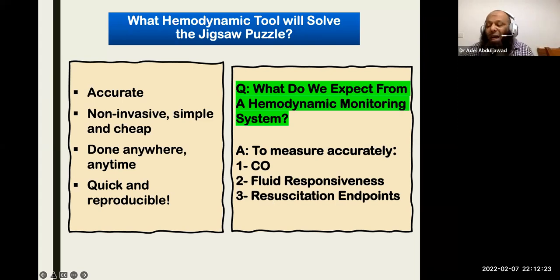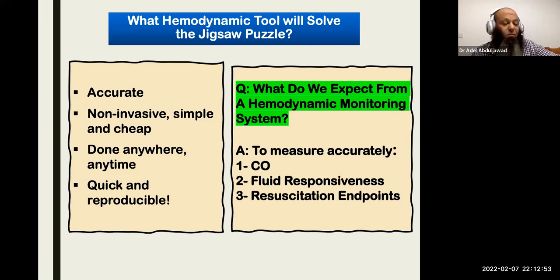So under all circumstances, for any hemodynamic monitoring system, I'm expecting it to first measure the cardiac output accurately. Number 2, to tell me whether my patient is fluid responsive or unresponsive. Number 3, to tell me when to stop, what we call the resuscitation endpoints.